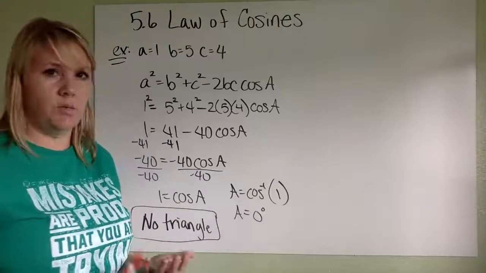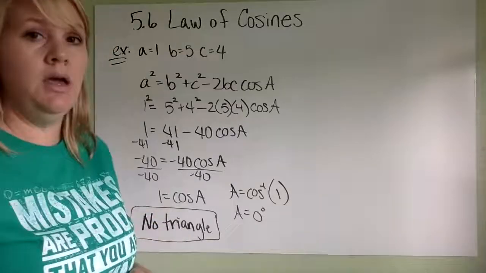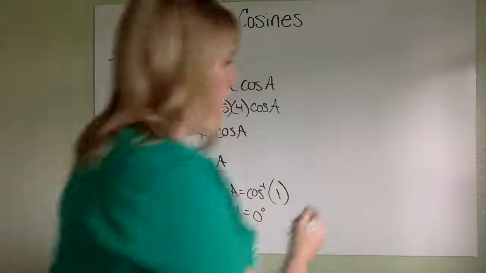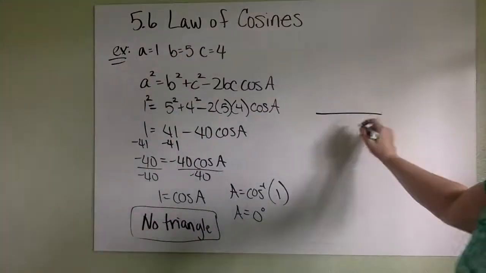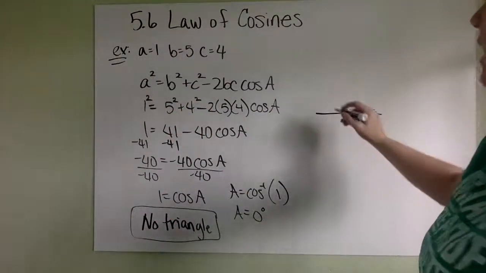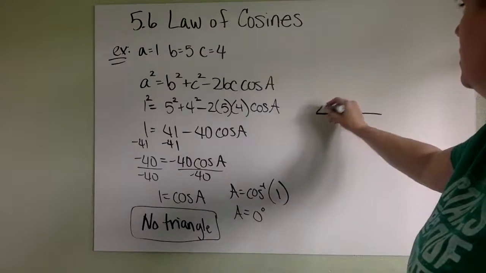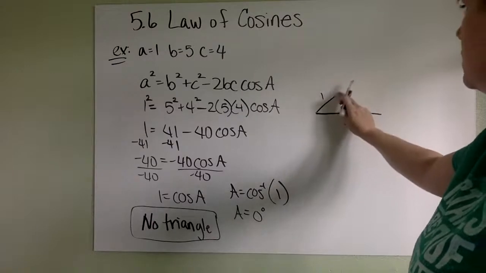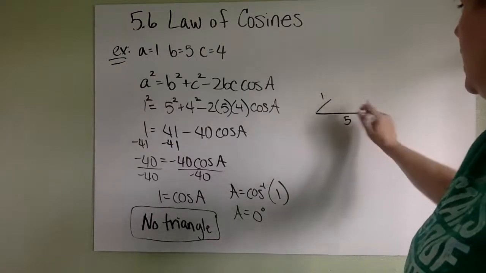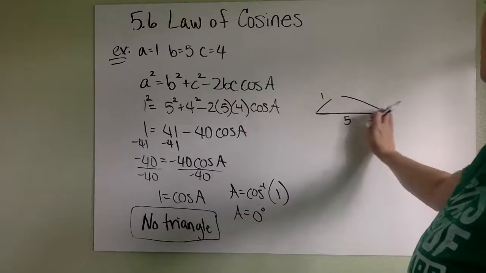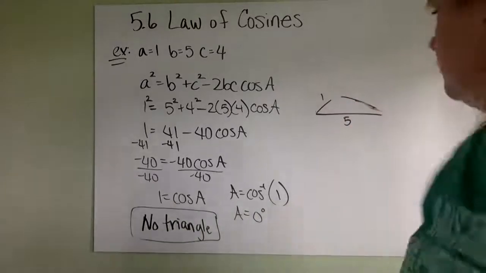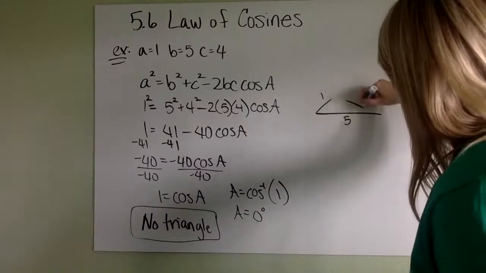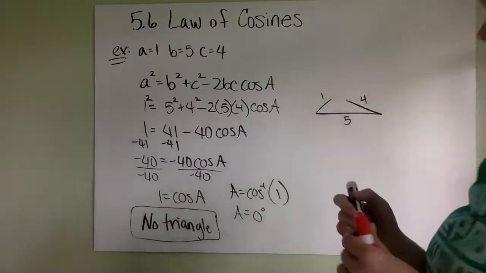So why is this happening? It's really easy to see when we have three sides like this one. What I want you to picture is the longest side B, which is 5, and then side A, which is 1, and side, that's not working, which is 4.